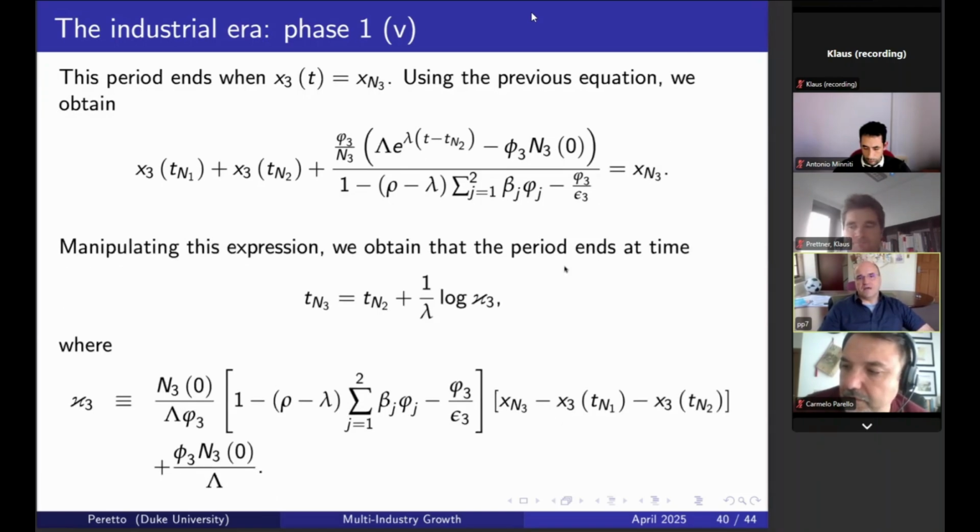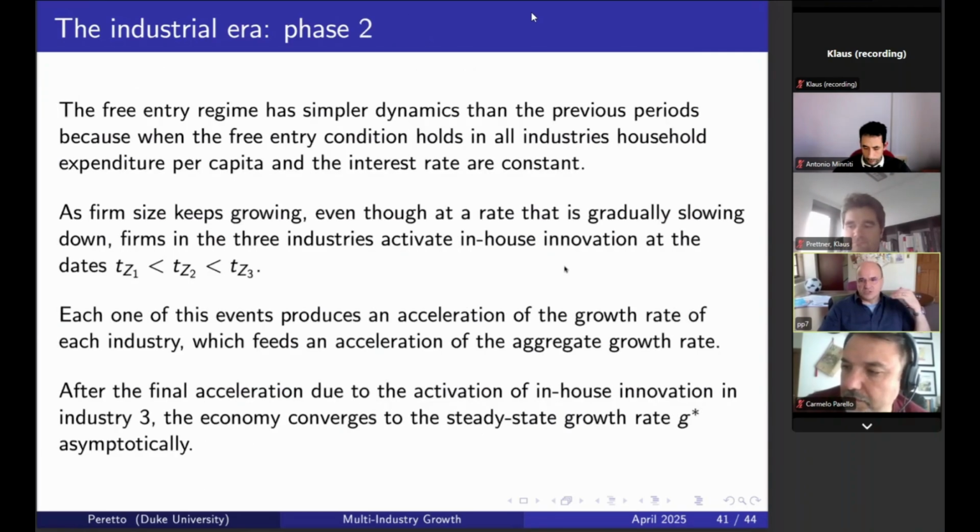And again, you can calculate the time of all these events. So when you are in the industrial era, let me call it industrial era phase 2, you are in a free entry regime. All of your calculations become much, much simpler because expenditure per capita is constant, the interest rate is constant, and you go through these sequences of activation.